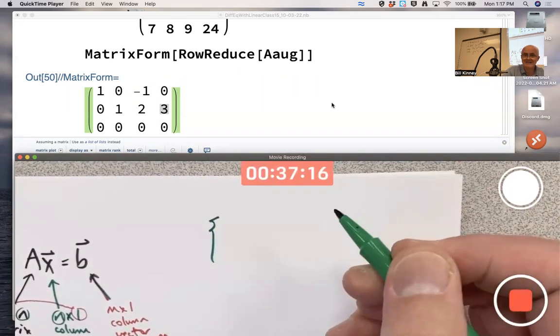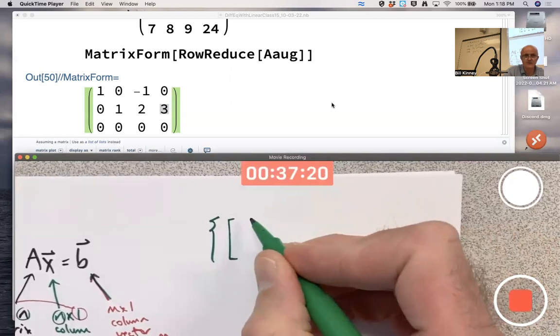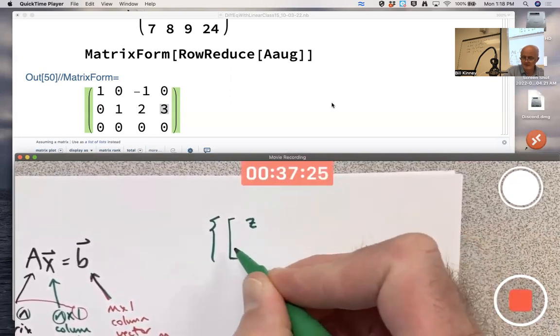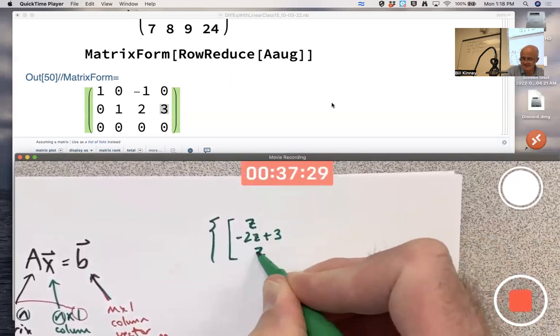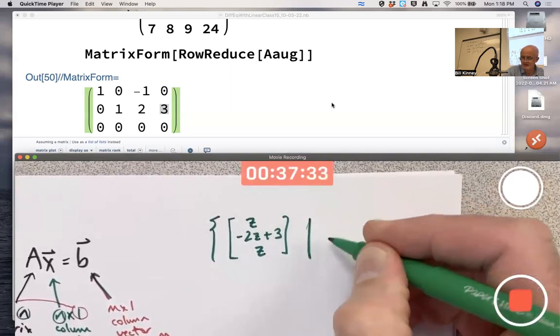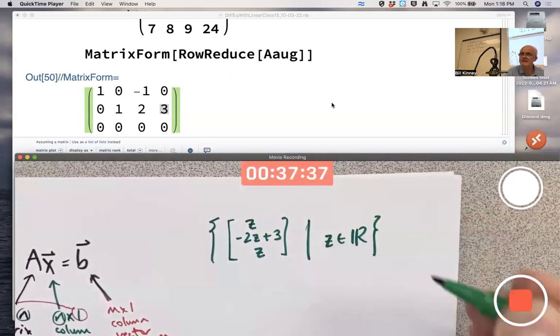As a set, the solution set would be, again, Z is free. I already said what the solution would be. X would equal Z. Y would be negative 2Z plus 3. And Z is just itself. Collection of all such vectors such that Z is a real number. That's an infinite set. Z can be any real number.